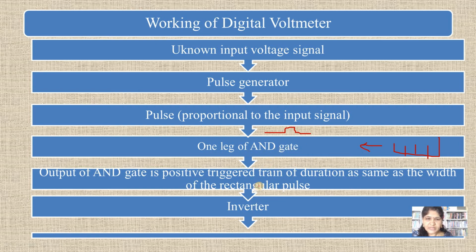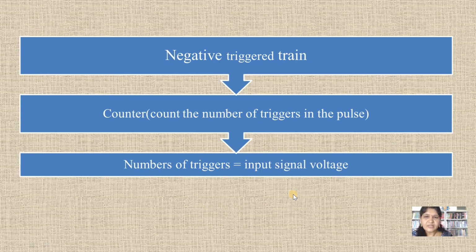Now this will give the positive triggered train, which is given to the inverter. The inverter is going to convert the positive triggered train to a negative triggered train. The output of the inverter is given to the counter.